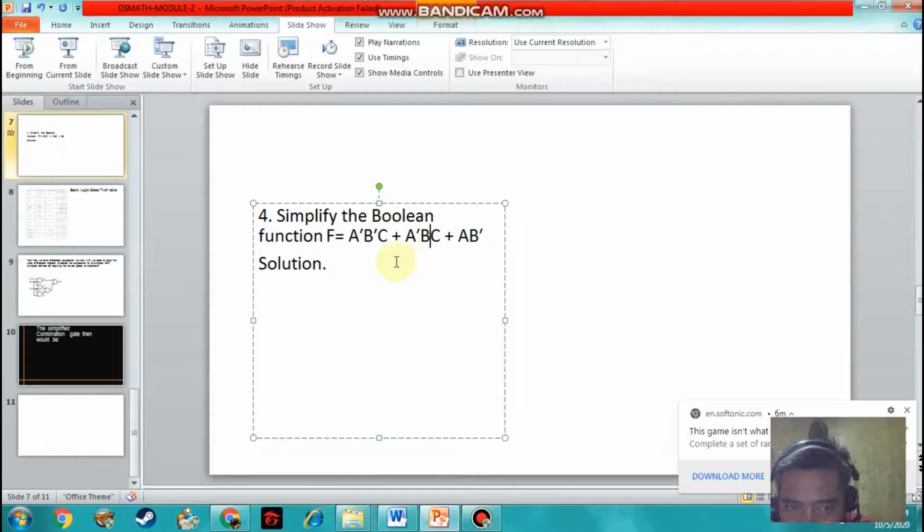Try natin. So, ano yung common natin? C. C muna dito sa dalawa. Sige, try natin dun sa dalawa. Hindi, C ang common eh.